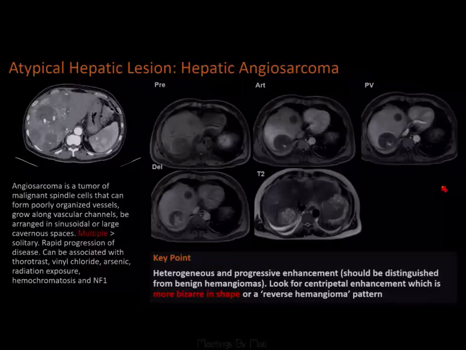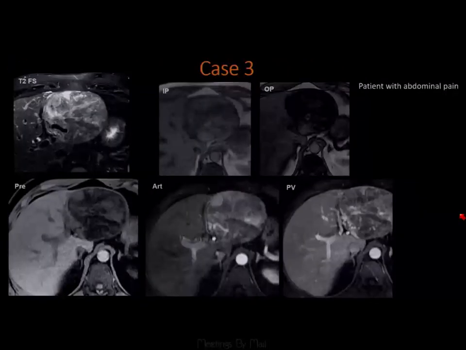These are associated with thorotrast, vinyl chloride, arsenic, radiation exposure, and interestingly, we have a couple of these cases at Emory, and 2 of them are associated with post-liver transplant. So I don't know if there's a link there with immunosuppression, but we have seen them in these liver transplant cases.